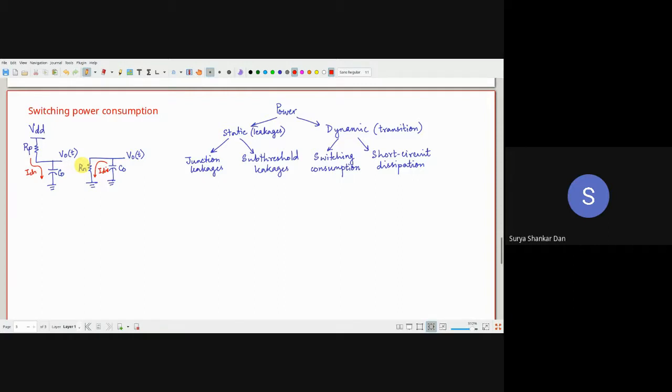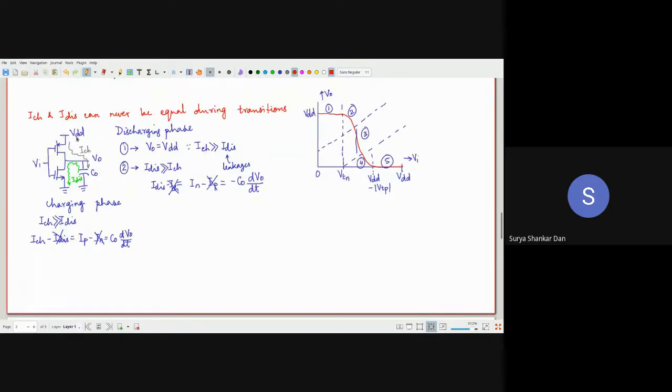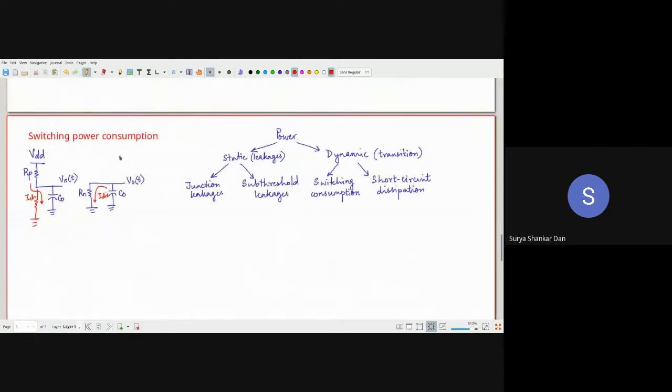Second thing is that when we are trying to look into the scenario, as I said, the charging current will be there and also the discharging current will also be there. The same discussion over here. Okay. However, the discharging current will be much less during the charging phase, whereas the charging current will be much less in the discharging phase.